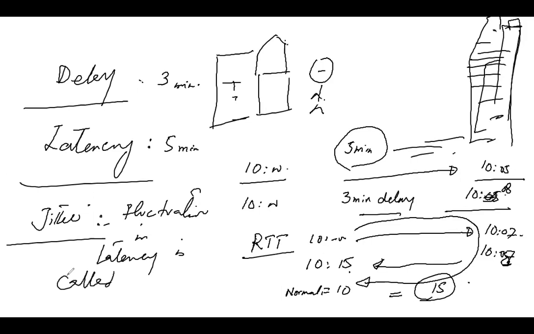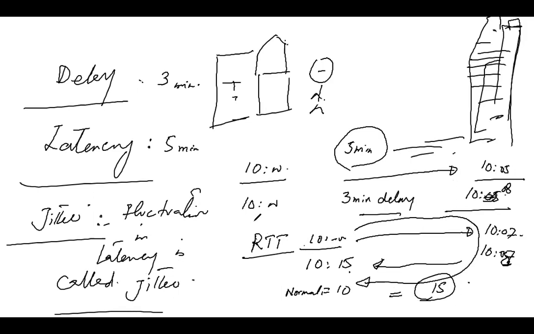The reason is that the condition on the road or the link is not always the same. Sometimes you start your journey at 10, you reach at 10:05. Sometimes you start at 10, you reach at 10:08.